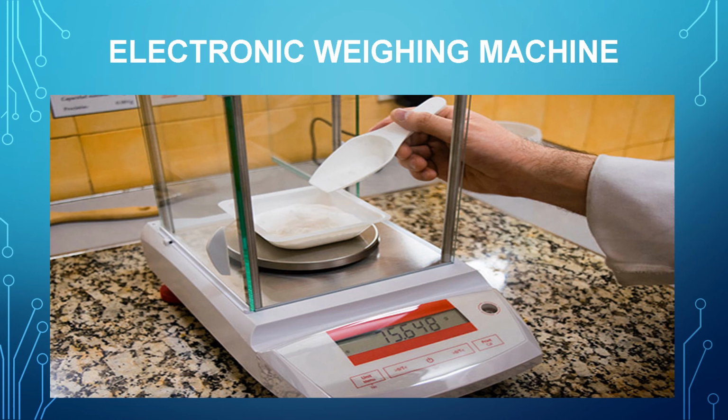To weigh objects in them, we don't need standard weight stones. The mass of the object is directly displayed on the LCD display panel. These are more accurate, but yes, they are a little costly also. Compared to the beam balance, electronic weighing machines are more accurate.